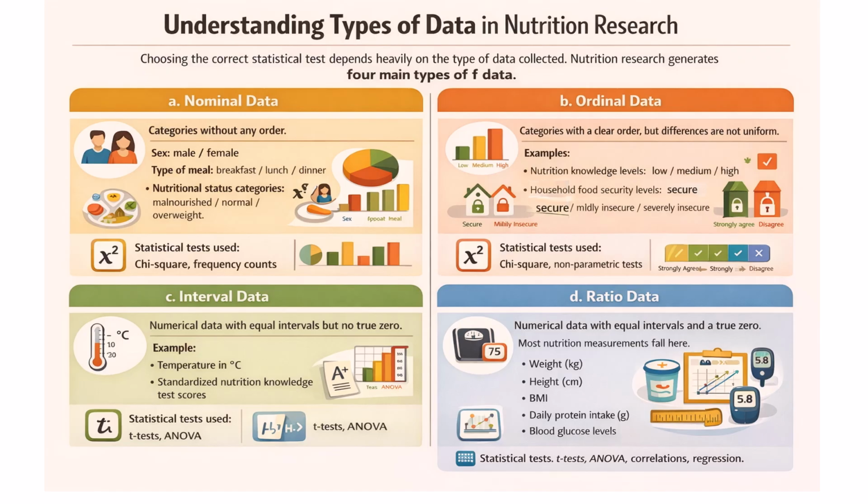And we have the interval data, which is numerical data with equal intervals but no true zero. Example is simple, like the temperature in degree Celsius, or standardized nutritional knowledge test score. Then for the ratio data, numerical data with equal interval and a true zero.